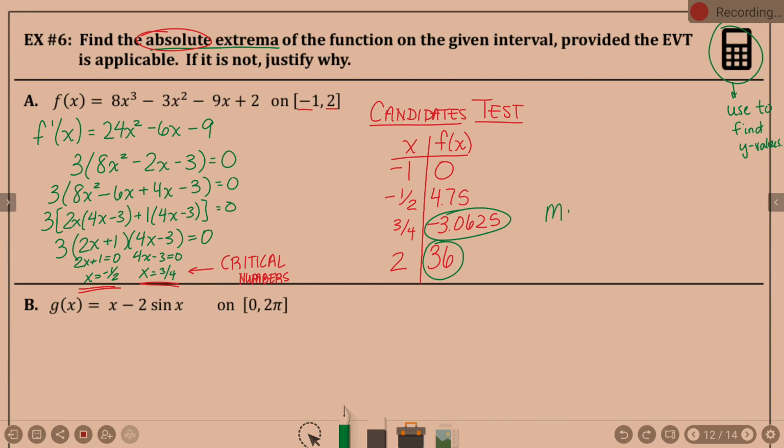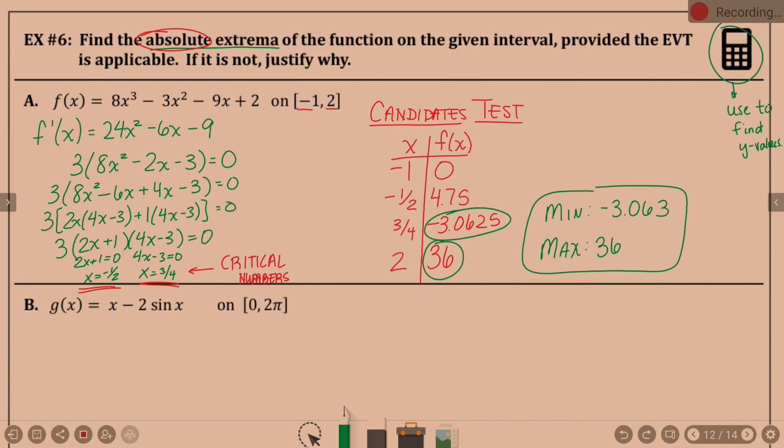So we have a min value of negative 3.063. We have a max value of 36. Now, depending on the scenario, would you maybe need to give the whole ordered pair? You could. This just says find the absolute extrema. When we talk about min and max values, that's what they are.